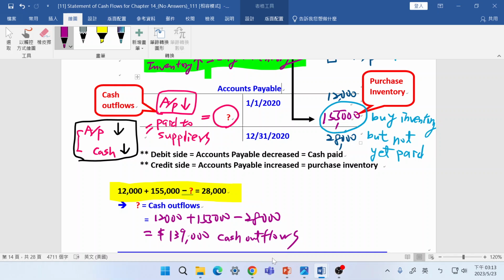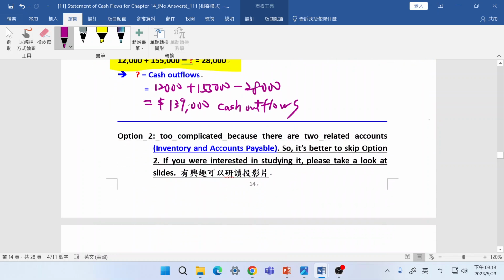If you don't have any questions, how about the second option? For the second option, we compare beginning and ending balance, right? But right here, because it involves two accounts, inventory and accounts payable, getting the logic formula is quite difficult to understand. So we skip it here.